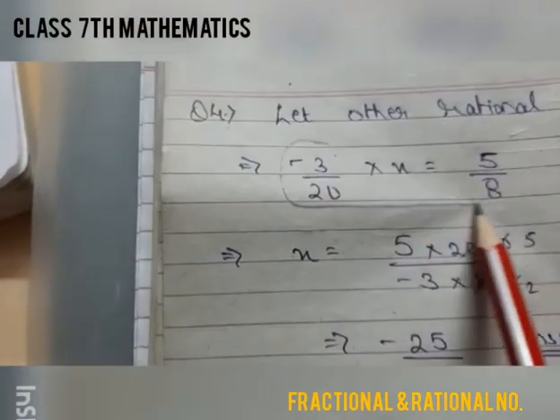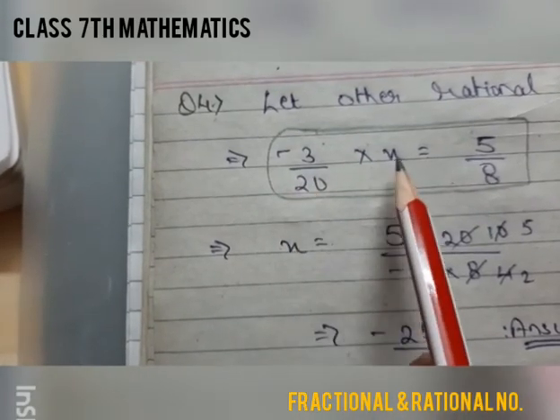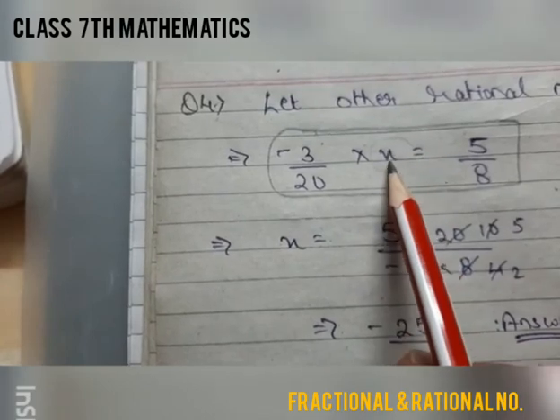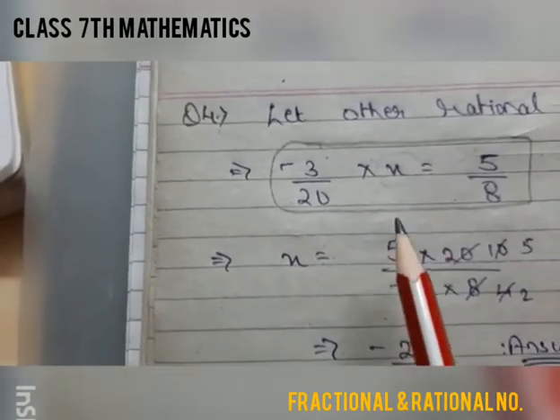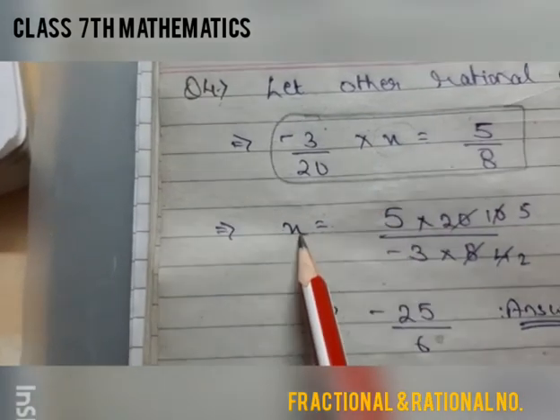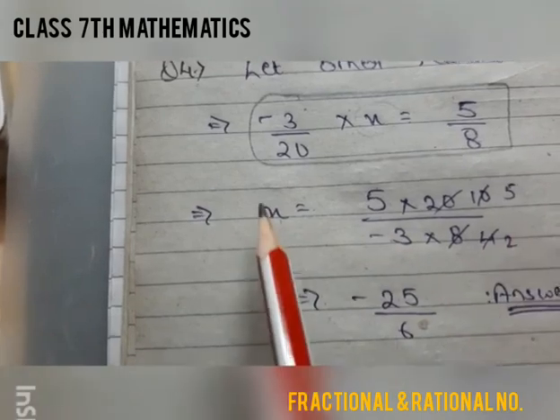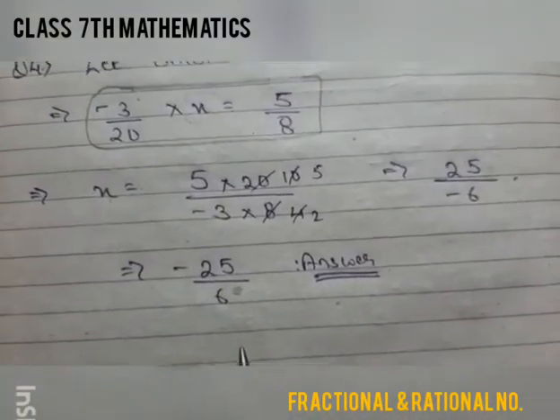This is the format given in the question: first rational number into second rational number gives the product. Now we need to find x, the unknown value. So simply by the method of cross multiplication, keep the unknown variable on one side and transfer all the known values to the other side. When you solve it, you will get the answer minus 25 upon 6.